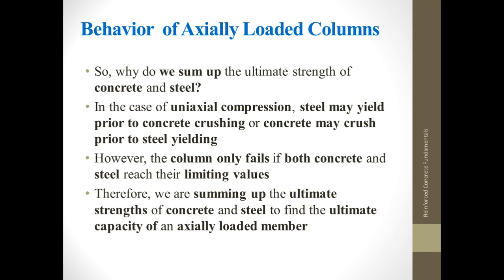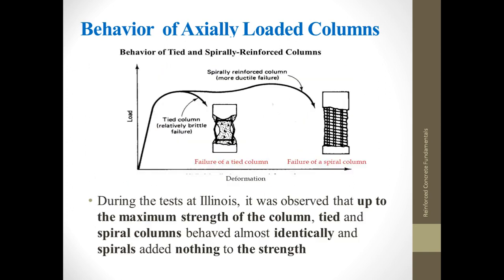So before we move on to the formal expression of that summation, let's explore the difference between the tied and spiral columns regarding the uniaxial loading. During the tests at the University of Illinois, it was observed that up to the maximum strength of the column, tied and spiral columns almost behaved identically, and the spiral added nothing to the strength.